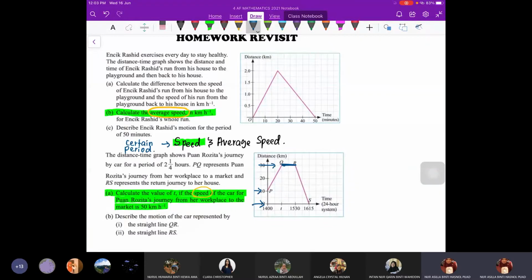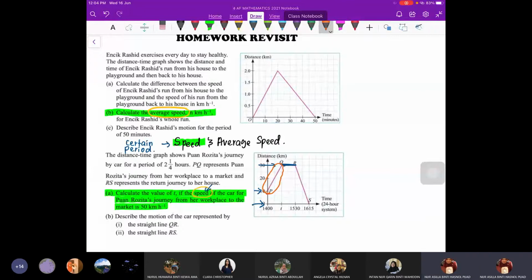So kalau kamu tengok the speed diberi, speed of the car for Puan Rosita's journey from her workplace to the market, jadi dia refer only from P to Q. Okay, so 50 km per hour is just for P to Q, jadi dia adalah gradient PQ only.